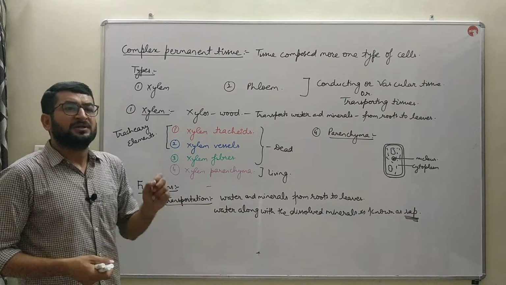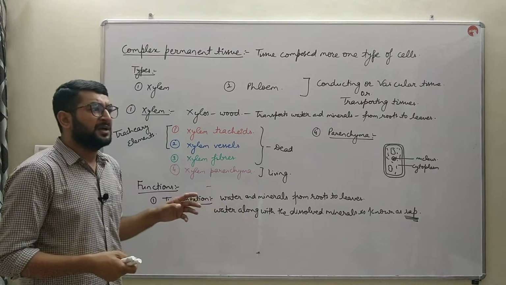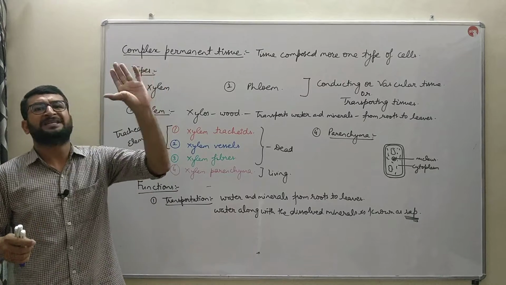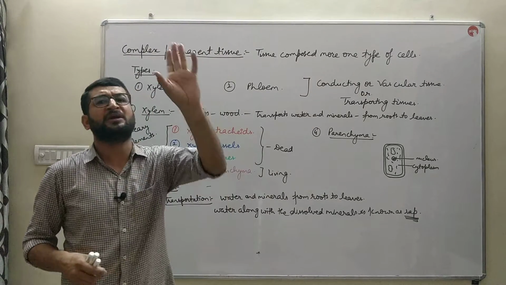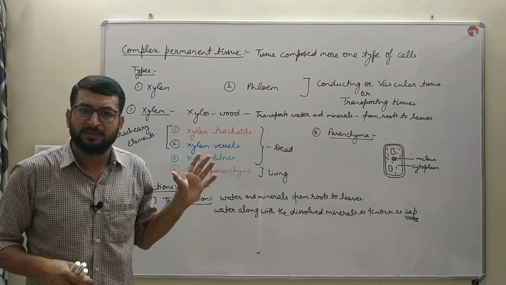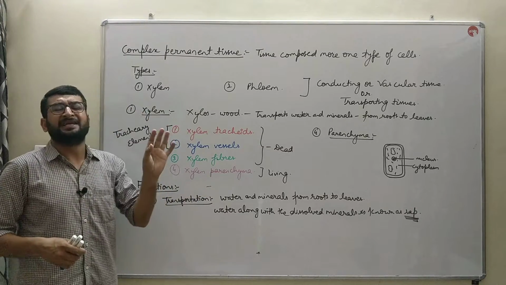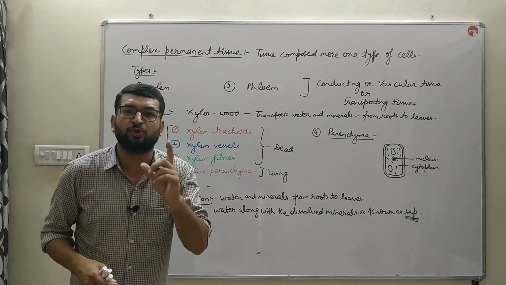Next thing, there's a very interesting thing about that. In our houses, there's a water tank placed at the top of the building. Up to that height, we require an electric motor to send water.